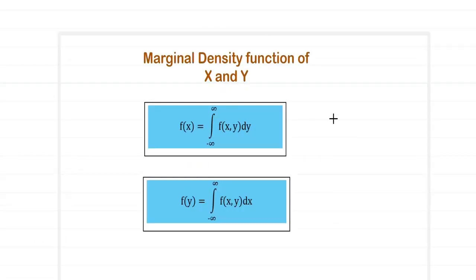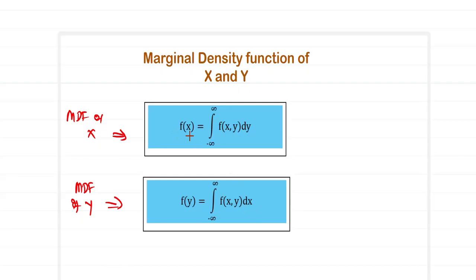The marginal density function of x, which is the MDF of x, is given by the formula f of x is the integral from minus infinity to infinity of f of x comma y dy, and the marginal density function of the random variable y is given by f of y, which is the integral from minus infinity to infinity of f of x comma y dx.